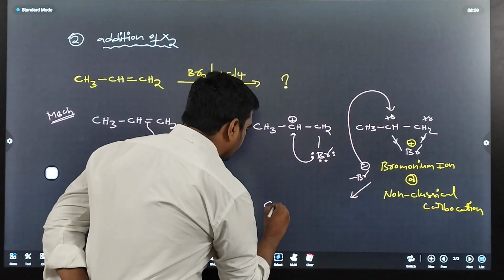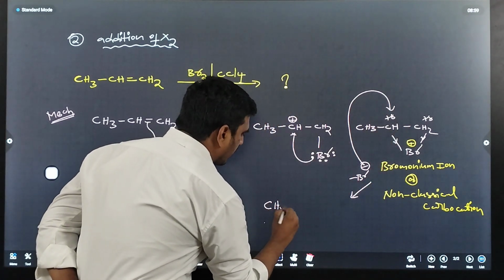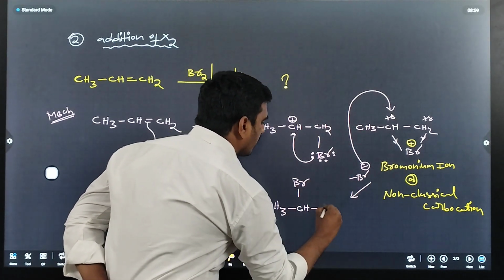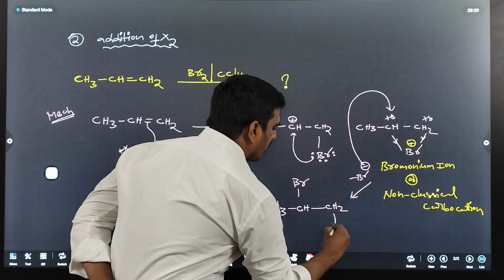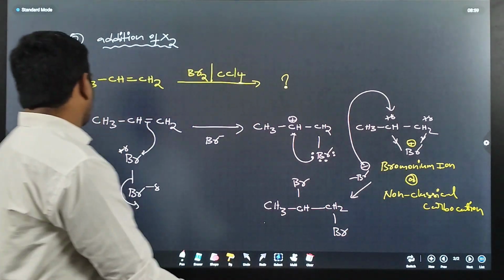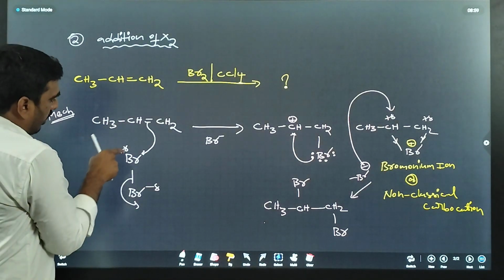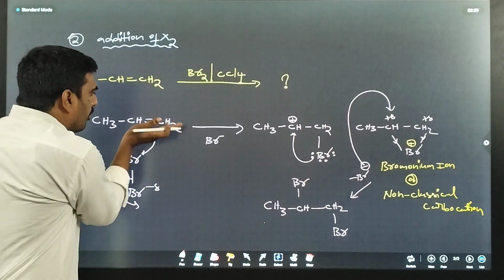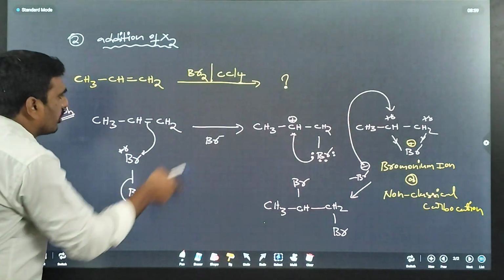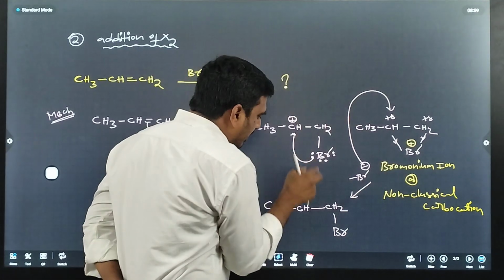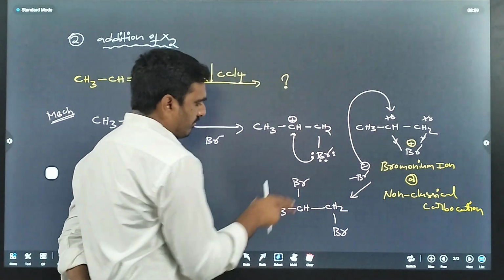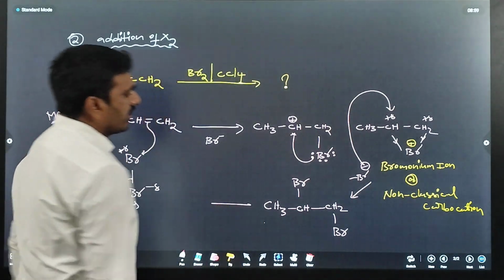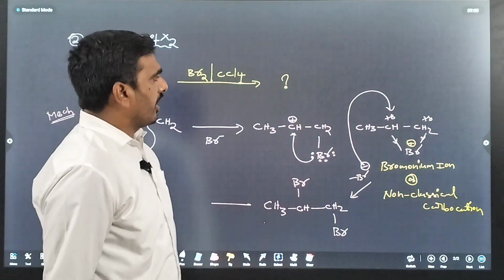So we get CH3 CHBr CH2Br. The electrophile, the positive species, attacks from below the plane, and the negative species attacks from above the plane. That's why this is anti-addition. So in this reaction anti-addition takes place.